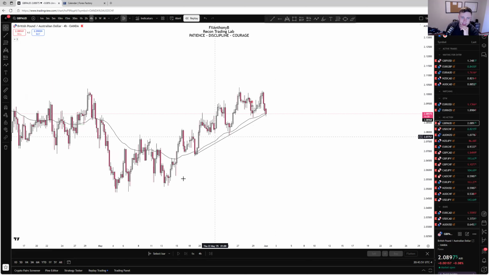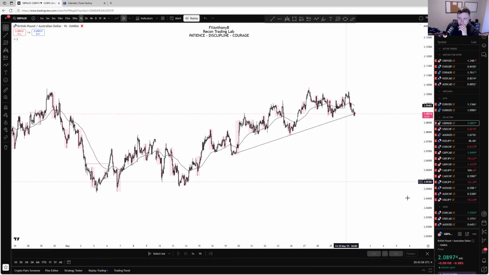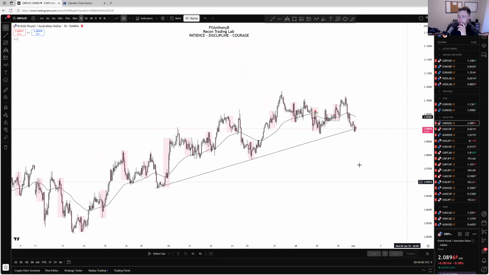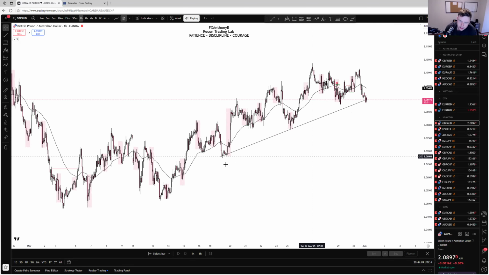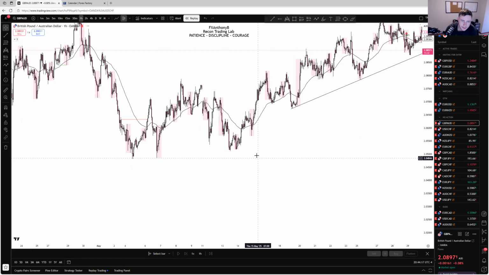Pretty solid trend line. This is all liquidity in here. There's a good chance that if this breaks, we could see all of that liquidity swept.